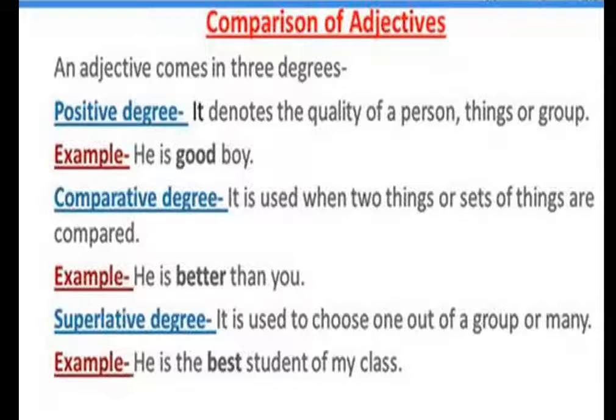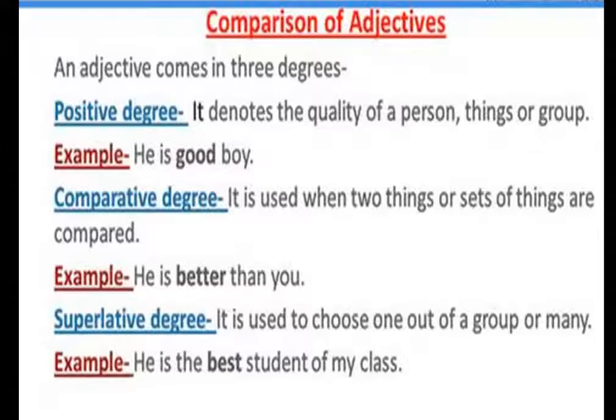It is used to choose one out of a group or many. Here we can see in this degree we have to choose one of the group or the many. That means many students are there, many groups are there, but from all those things we have to select, we have to choose only one thing. That is the superlative degree.